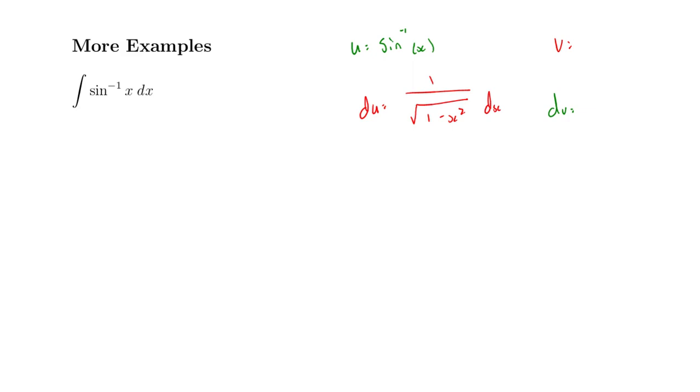And that means that we're left with a dx here, and thus an x. And now, when we do our integration by parts formula, u and v get multiplied together. That's x sine inverse x minus my integral of v du. That's x over the square root of 1 minus x squared dx.